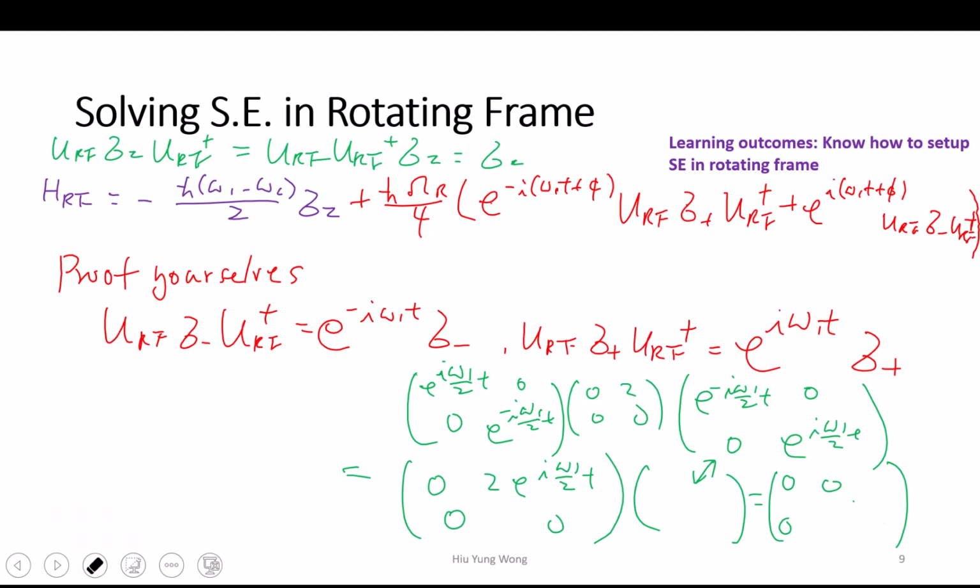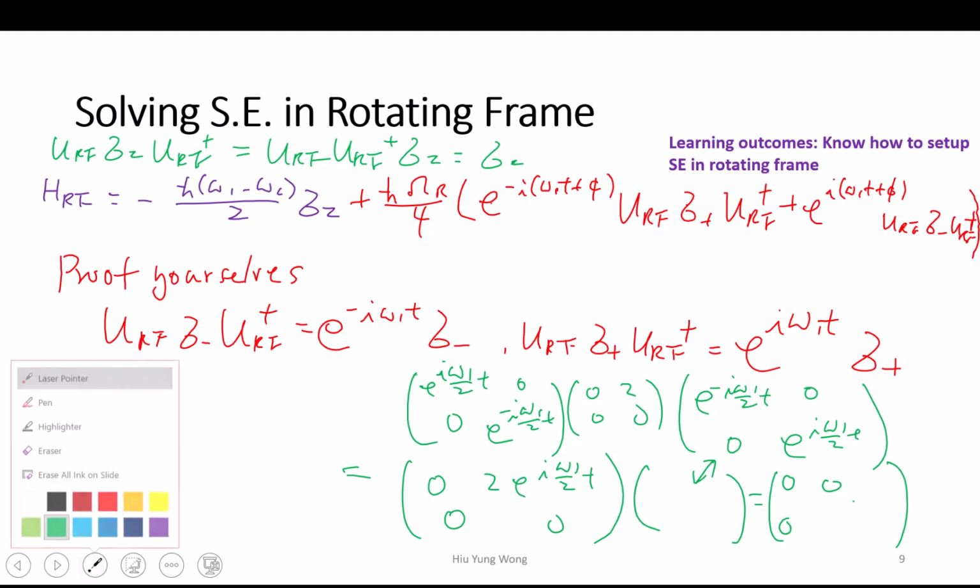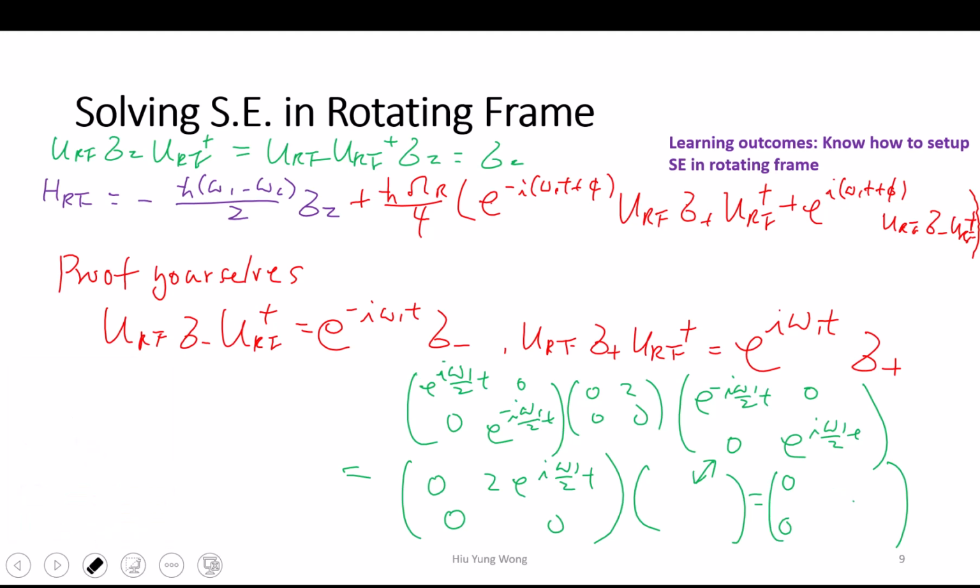When I do the matrix multiplication, this row times this row gives me 0. And then this row times this column gives me 2 e to the power I omega 1t, because they are half, then I multiply them together, so it is I omega 1t instead of divided by 2, right?